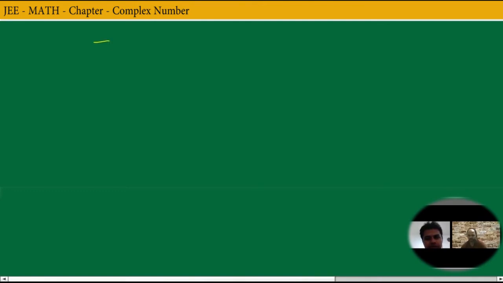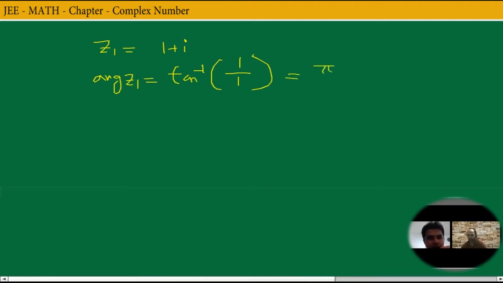Suppose we consider this one as 1 plus i, so what would be the value of arg z1? Wouldn't it be tan inverse 1 over 1, right? Yeah. So don't you think this is going to be pi over 4? Now the question is, if we are supposed to find this one, what would be the answer for z1 bar?